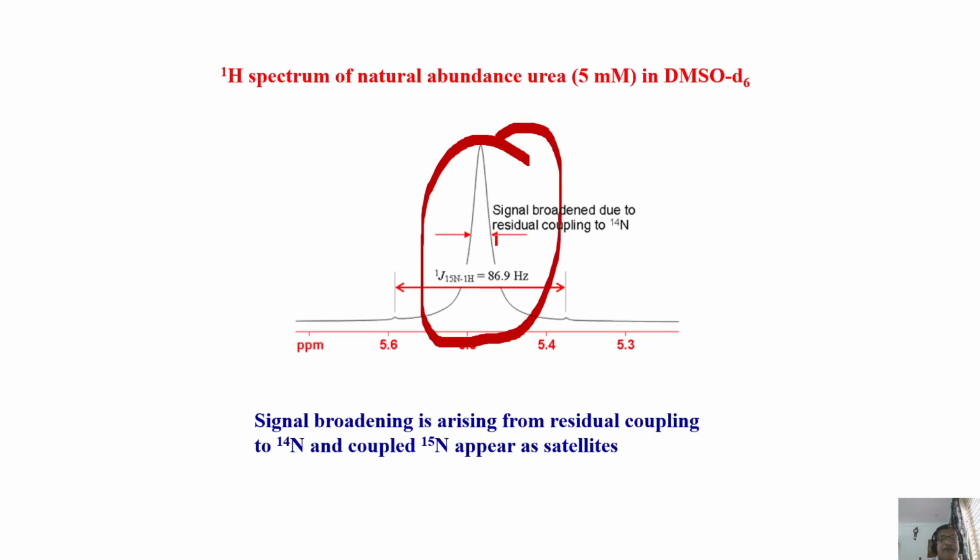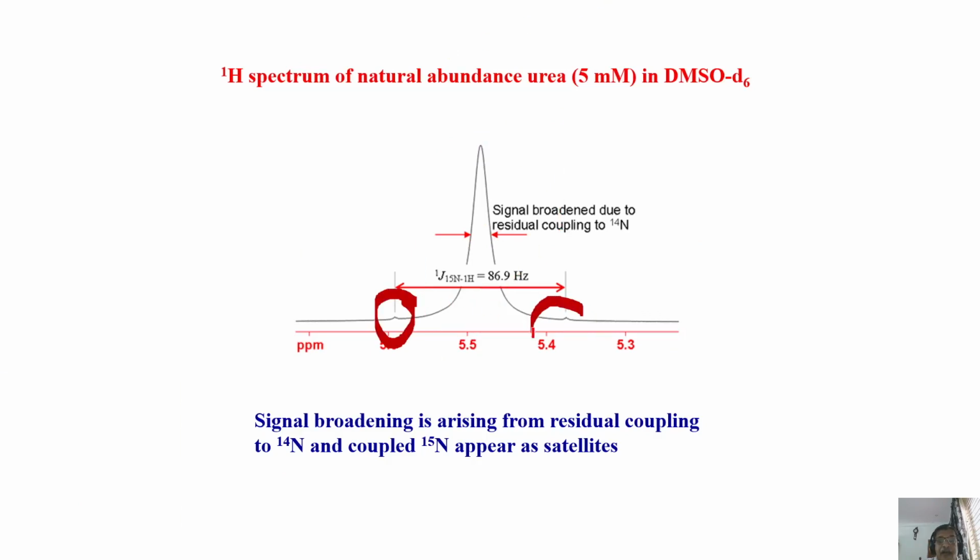It is so broad. Whereas nitrogen-15 is low abundant, 0.37%, but still it is a spin-half nucleus, and that gives a doublet from nitrogen-15 proton coupling. You can see this is a proton spectrum, NH proton here. This is also NH proton, but N15H proton. This is N14H proton.